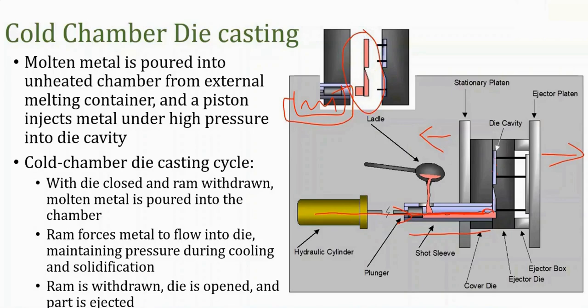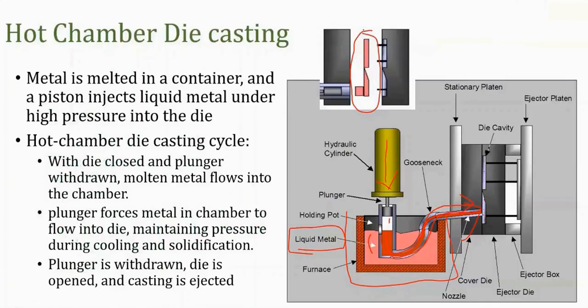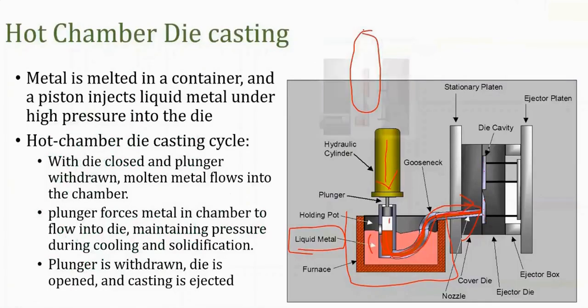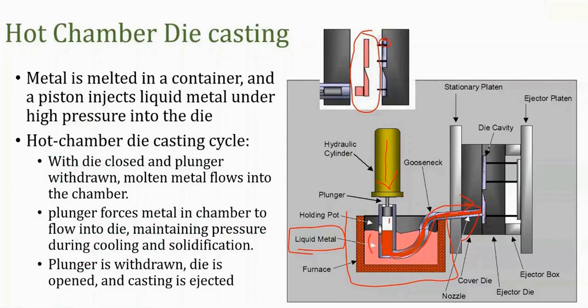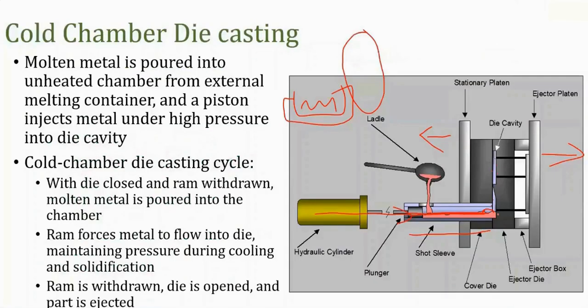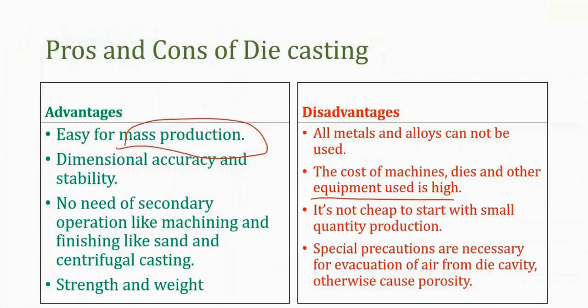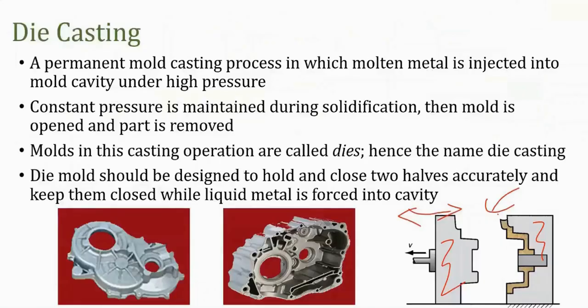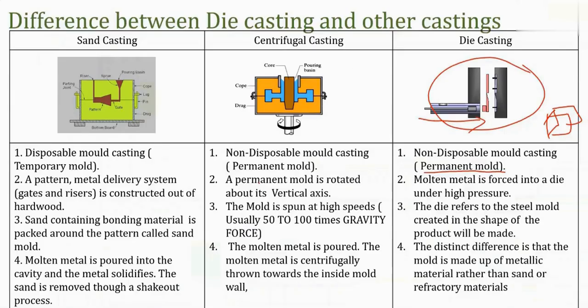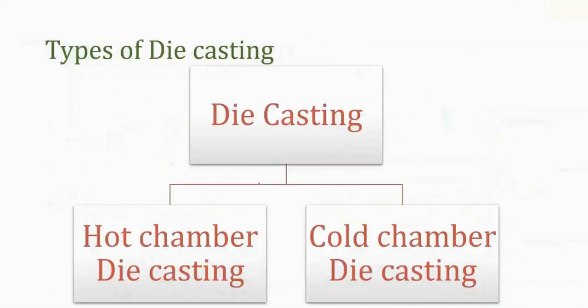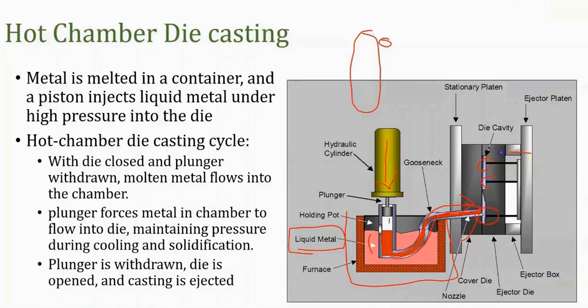In the previous process also, you can see two pins. These are the pins, and they are called ejector pins. As I said in the first slide itself, the die has to hold and close the two halves accurately, so we need pins like these ejector pins.